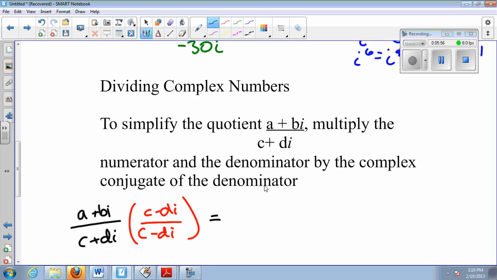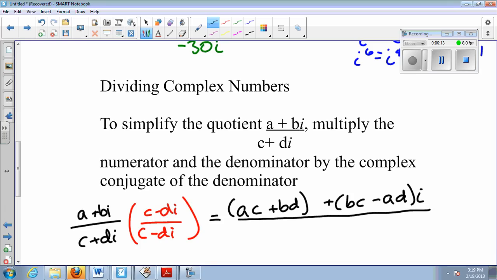So this is going to end up giving us ac plus bd plus bc minus ad times i, all over c squared plus d squared. The denominator is a sum and difference pattern, except you're going to have an i squared. That goes to negative 1. Normally it's a minus in the middle, but a minus and a negative turns to a positive. That's where the plus comes from.